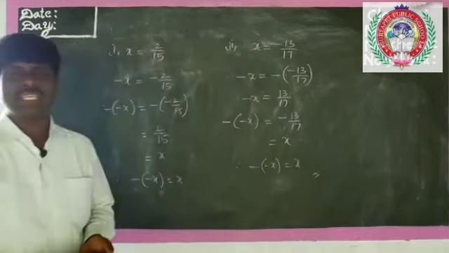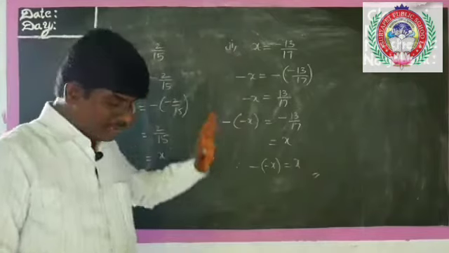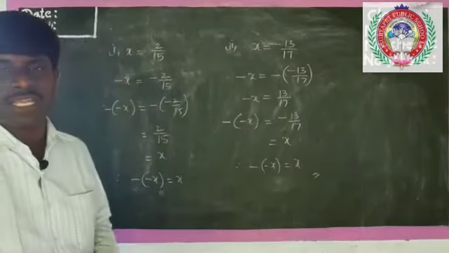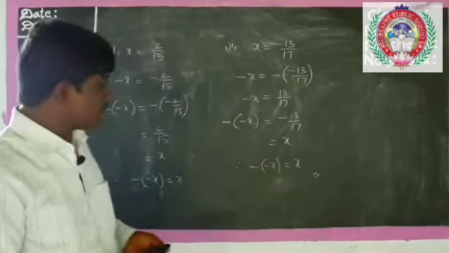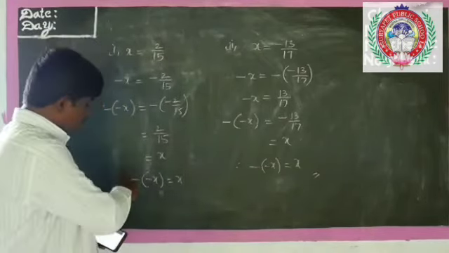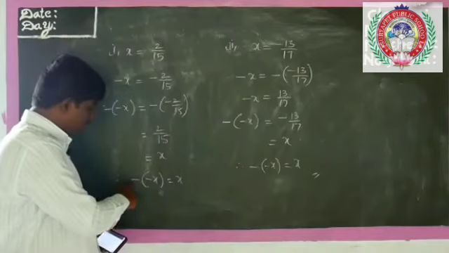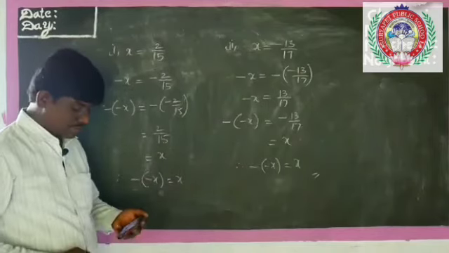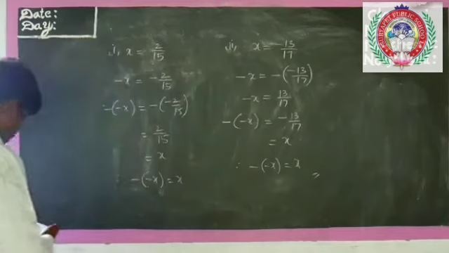Very simple and easy problem. We just need to apply the negative sign twice to both parts of the given equation, then we get the same number. So minus of minus x equals x. Minus into minus becomes plus. So this is all about the 12th problem.